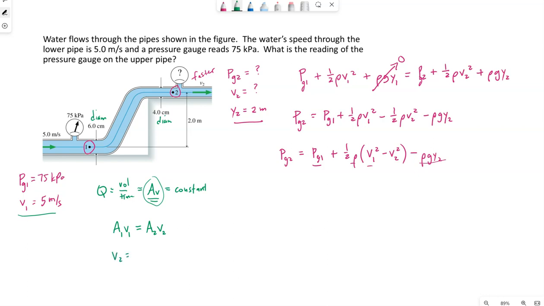So V2 is area 1, which is pi R1 squared, divided by area 2, which is pi R2 squared. The radius 1 is 3 centimeters, radius 2 is 2 centimeters, and then we'll multiply by the 5 meters per second.